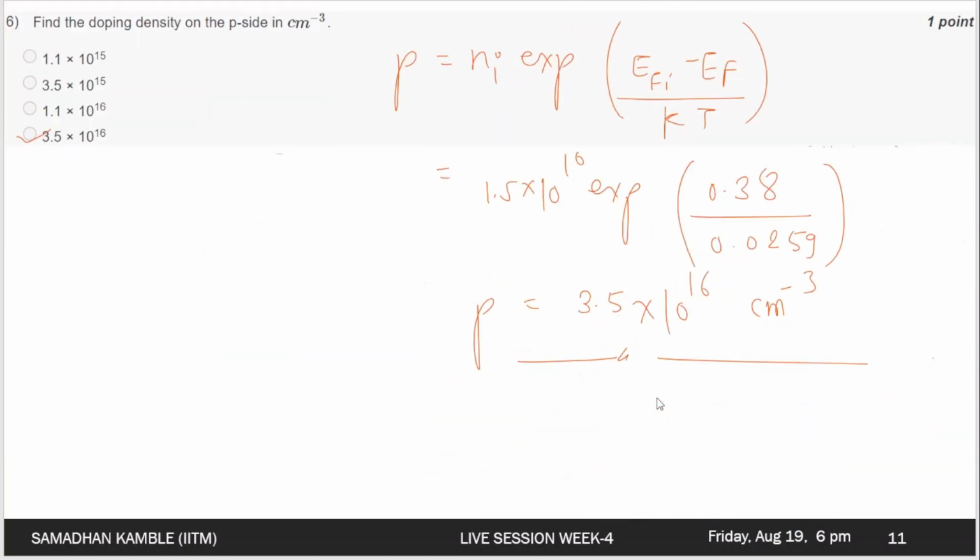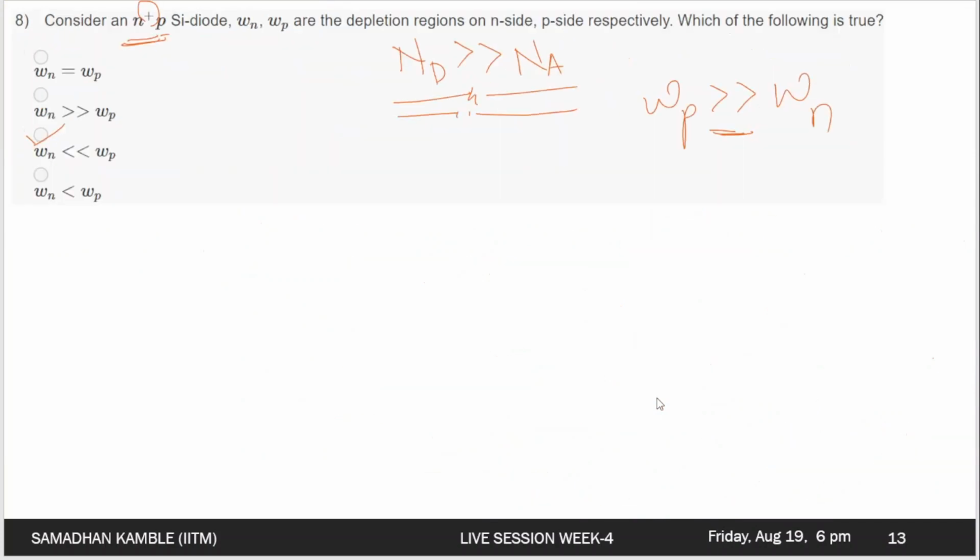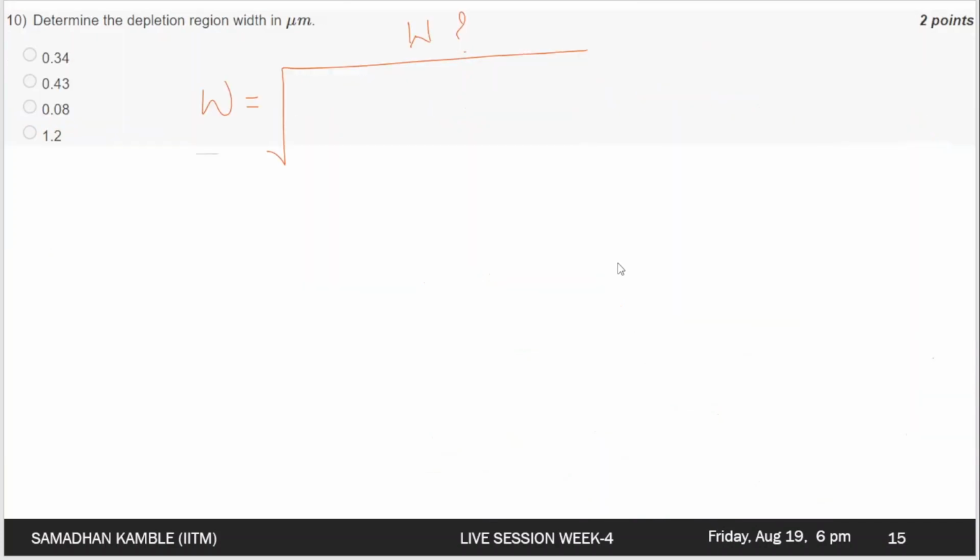So we have all those parameters required, and we can just substitute to find out the total depletion width. Let me just substitute it for you.